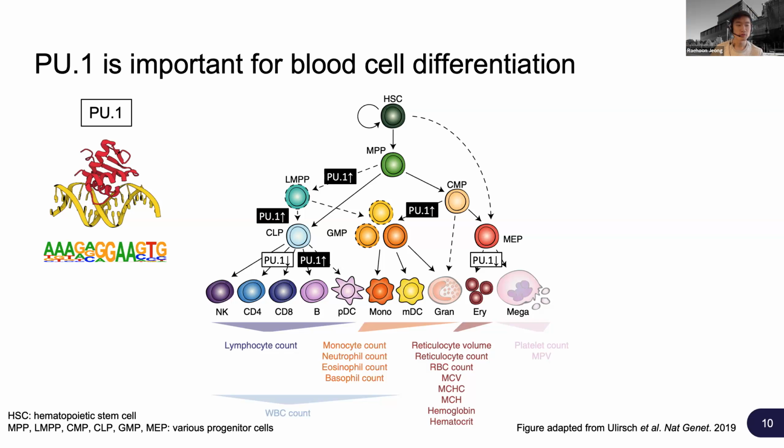But in this work, there weren't that many red blood cell related traits that showed colocalization, probably because for red blood cells, PU1 is downregulated throughout that process. So maybe looking at other transcription factors might lead to interesting findings related to sickle cell disease. But in this project, I would not expect to find that many examples because PU1 is downregulated in red blood cells.